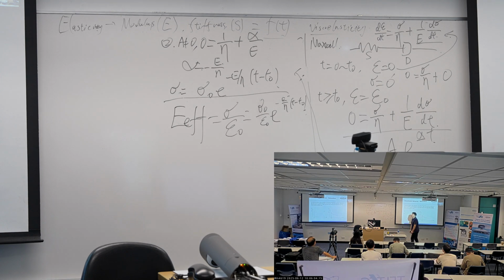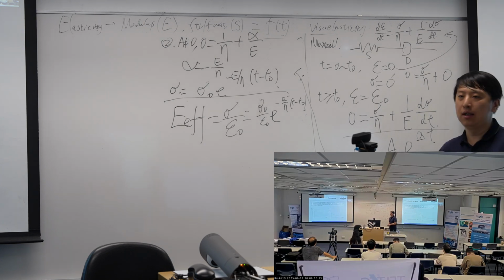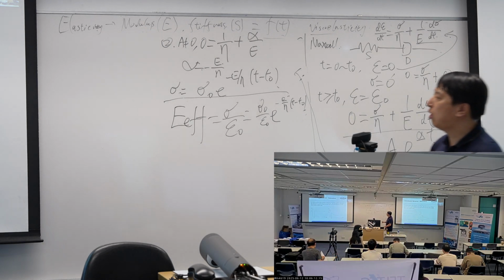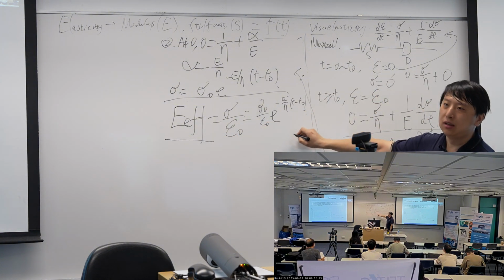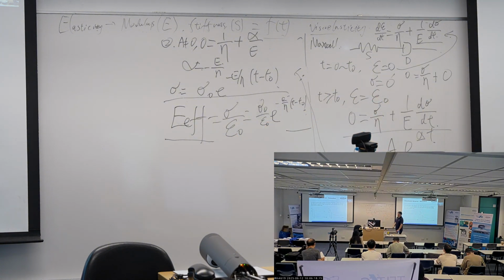That's the effective modulus for the total material. And this modulus tells us the modulus will change over time, and it follows the exponential function, and it reduces with time.